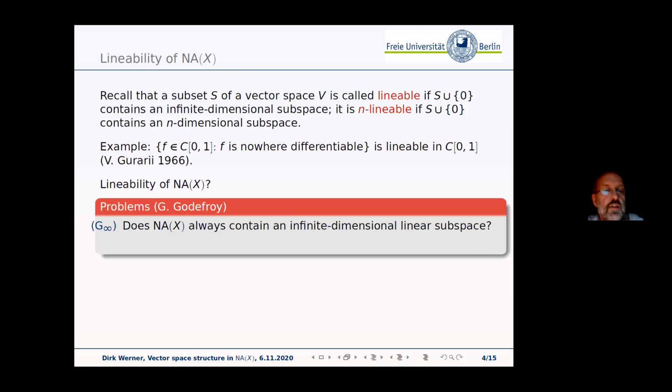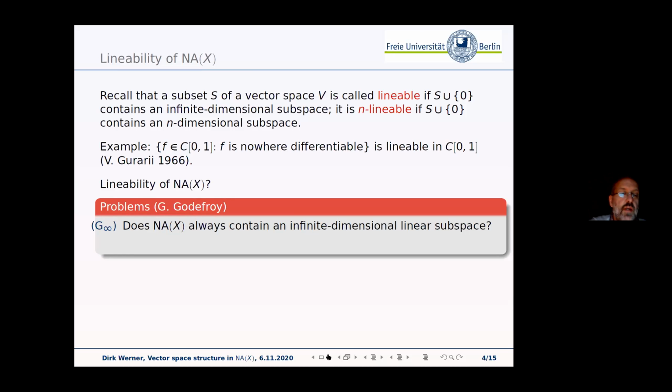So the question I'm addressing now is the lineability of the set of norm-attaining functionals. This was asked explicitly by Gilles Godefroy around 2001. He asked, is it true that the norm-attaining functionals always contain an infinite dimensional subspace, as in the examples I've just told you?